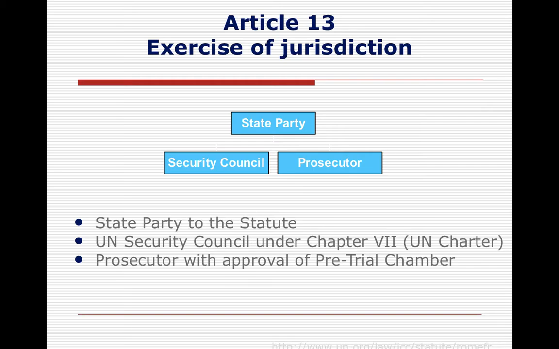The prosecutor has referred the matter, and incidentally, Myanmar is not a party to the ICC statute, but Bangladesh is. And the Rohingyas are found in exile in Bangladesh, and the prosecutor has taken cognizance of the matter, gathering evidence, and presented to the Security Council. And we have to wait and see what happens as we go forward of the decision of the Myanmar government to persecute the Rohingyas.